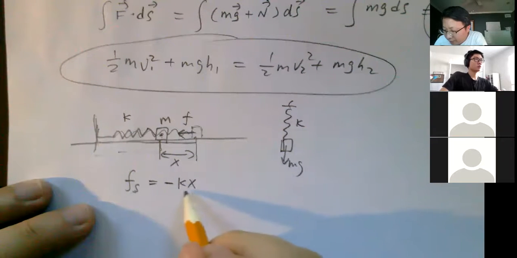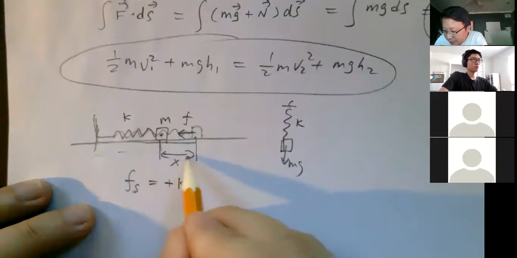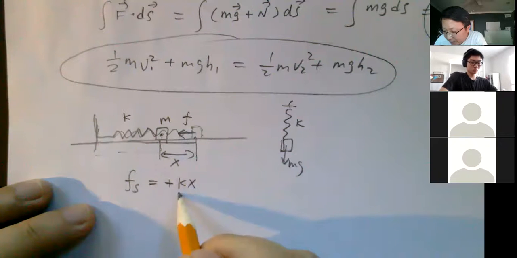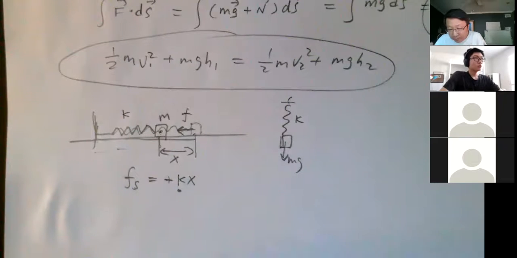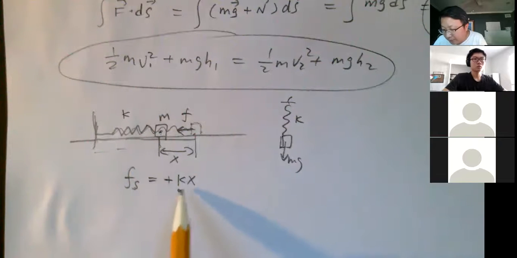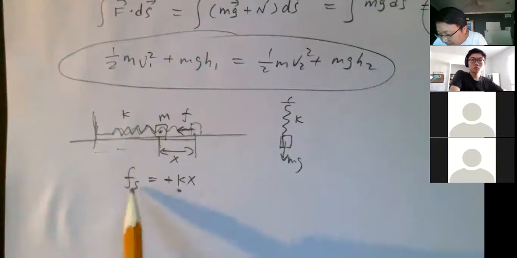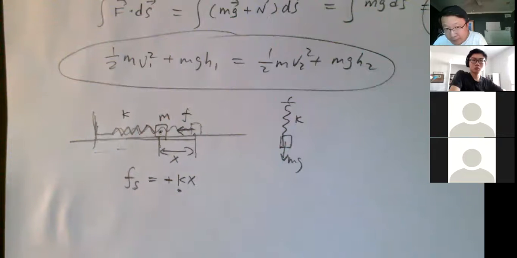The force is proportional to the displacement by a constant. This constant is called the spring constant. Each spring has its own constant. A thicker spring may have a different k than another spring, but for a given spring, this k is fixed. So this is the formula, okay?